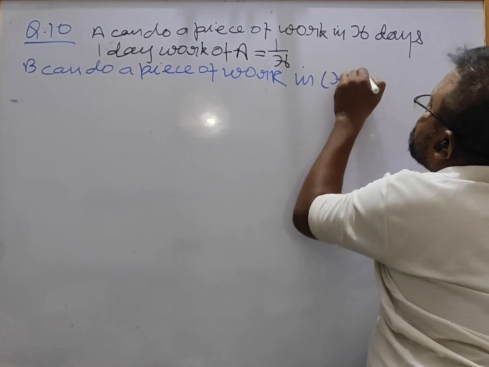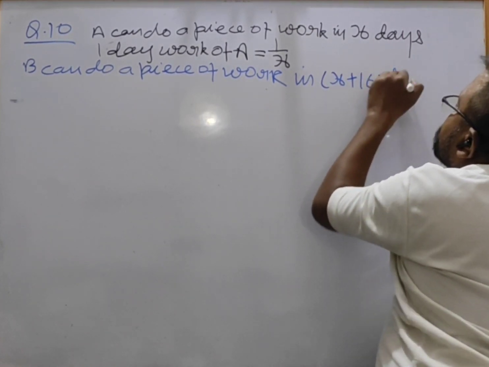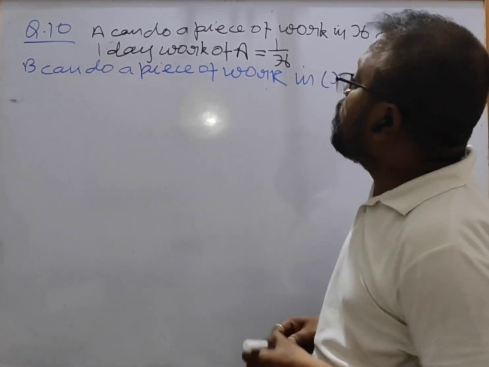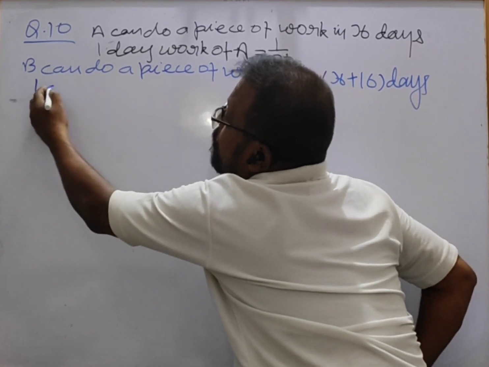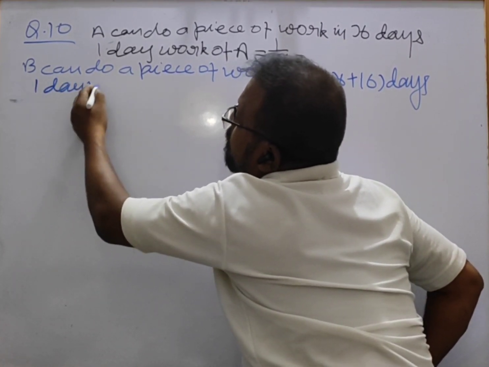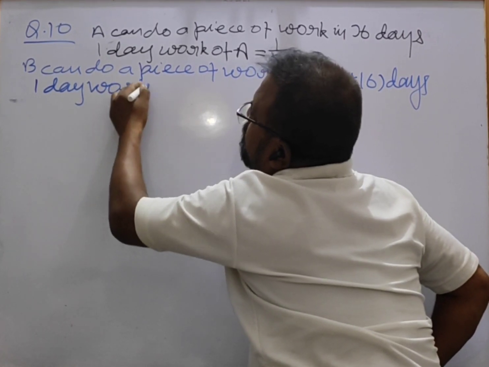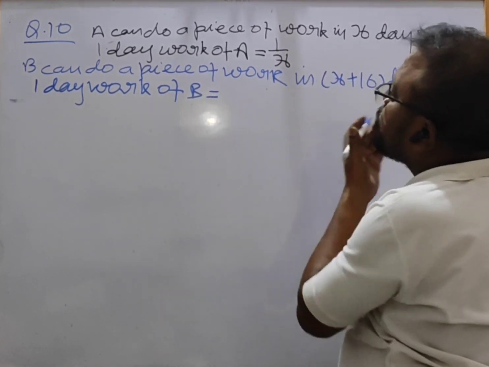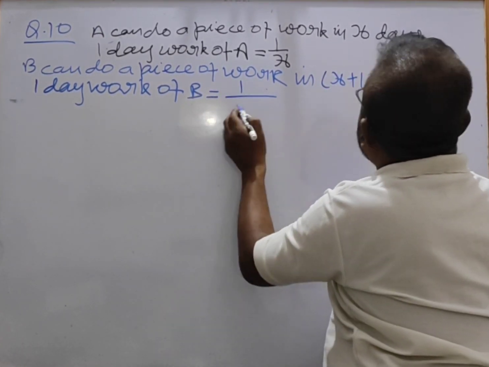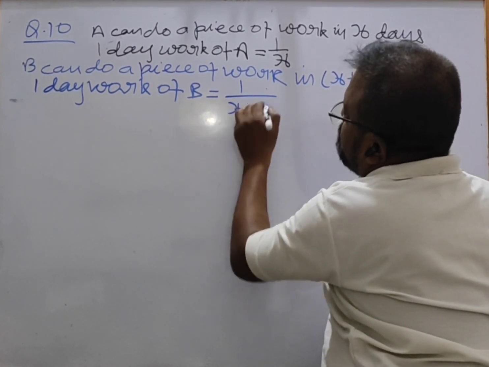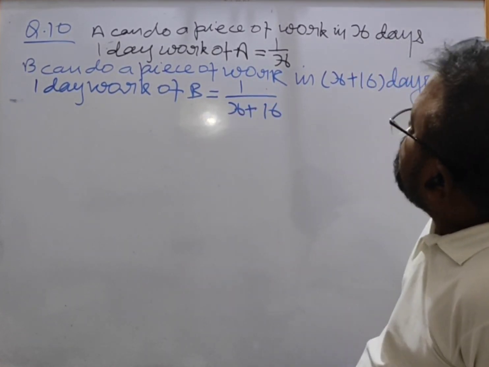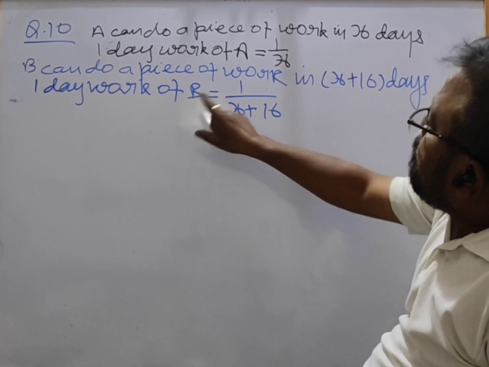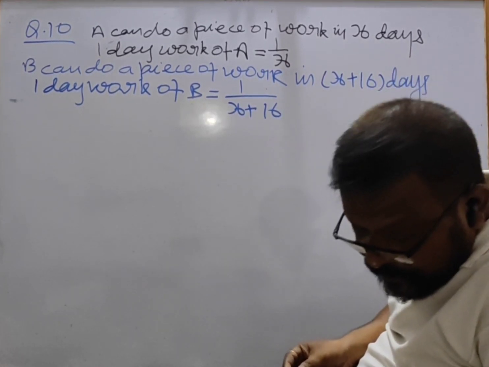So one day work of B is equal to 1 upon x plus 16. Now one day work of A is 1 upon x and one day work of B is 1 upon x plus 16.